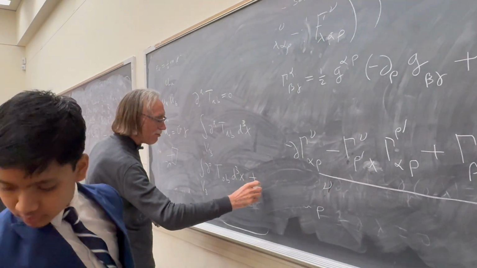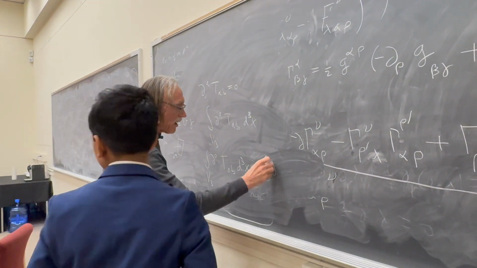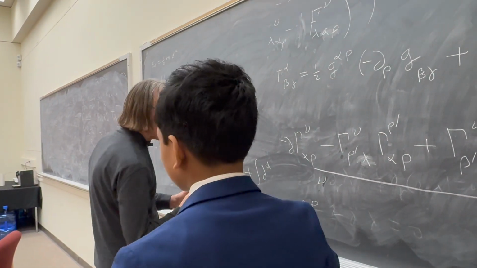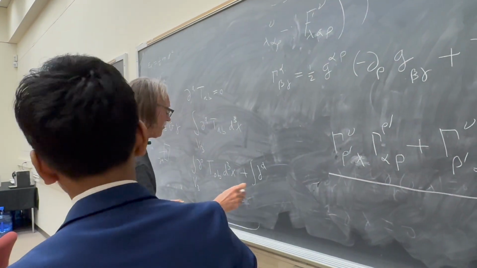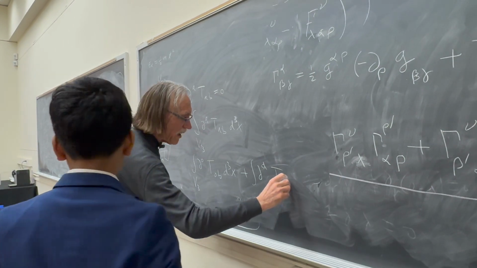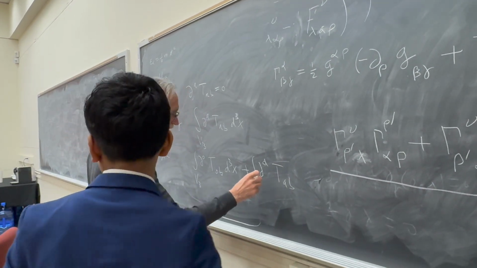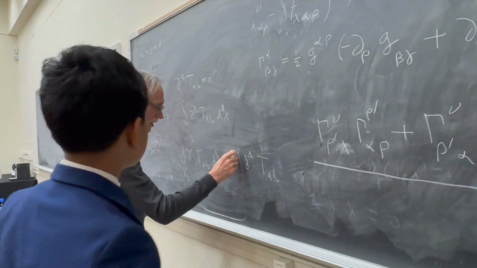And then the second term is the integral of ∂_A T^{AB}, and these are now spatial components.